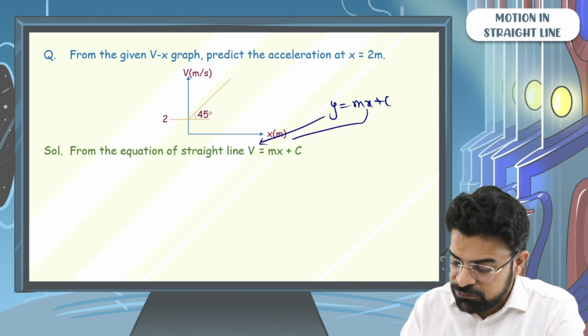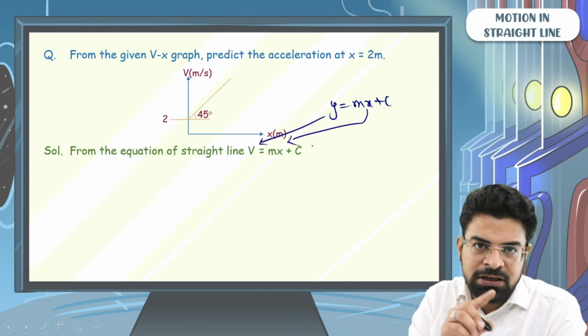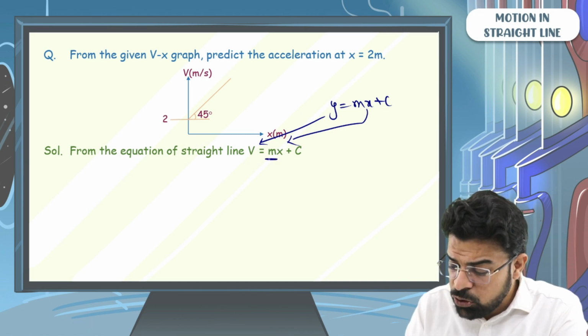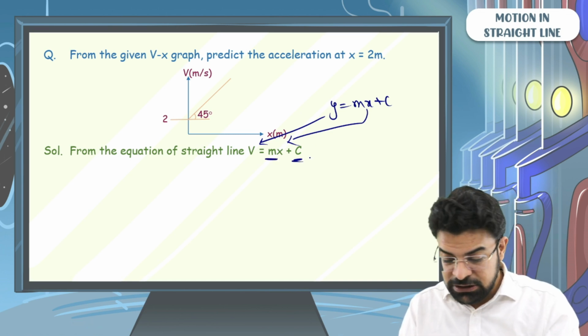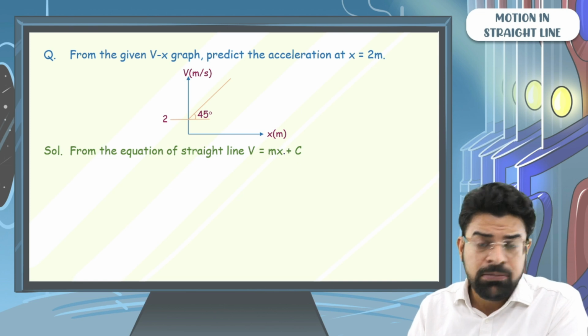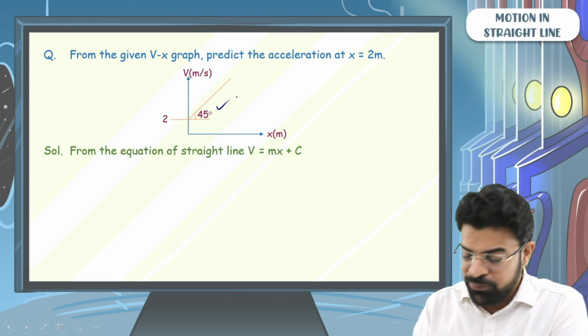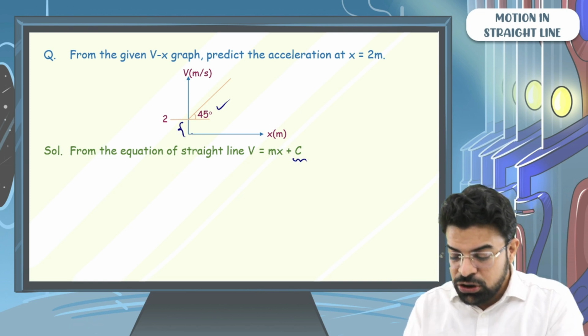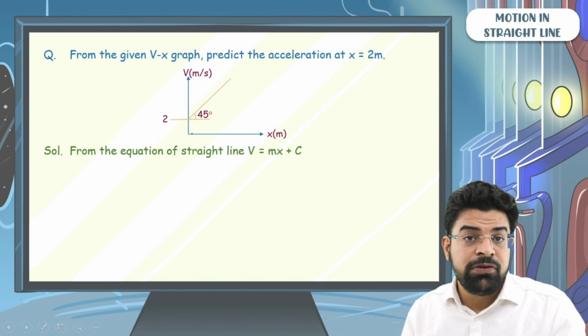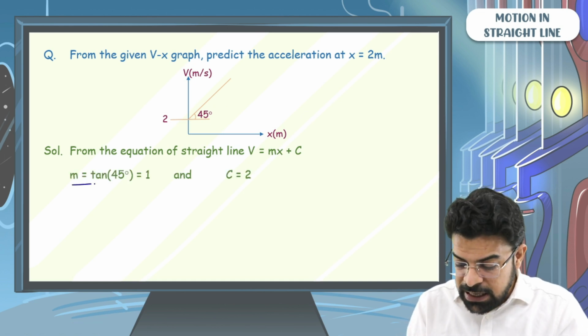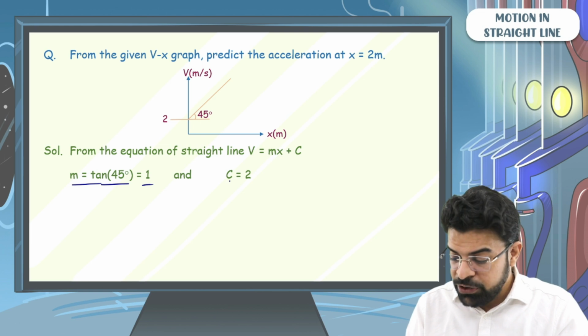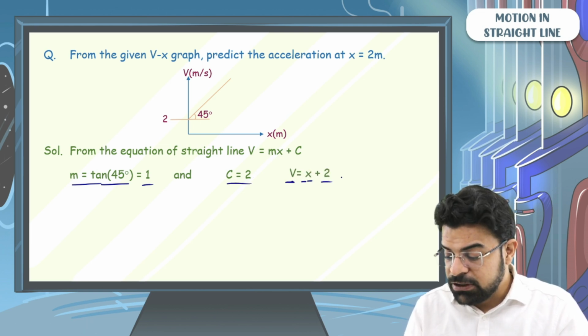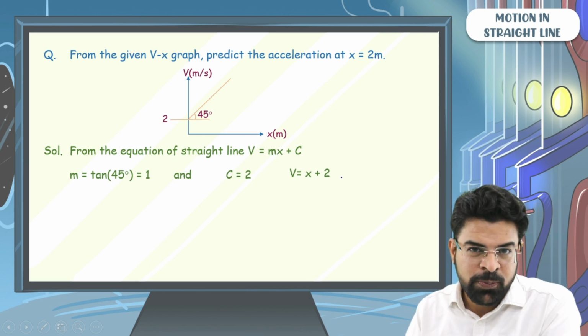In place of x, we have written x because it's the displacement. Now, what is the slope of this graph and what is the y-intercept? The slope is nothing but tan 45, which is 1, and the y-intercept is 2. So from here we get the relationship between v and x. We get v equals 1 into x plus 2, that is nothing but x plus 2.